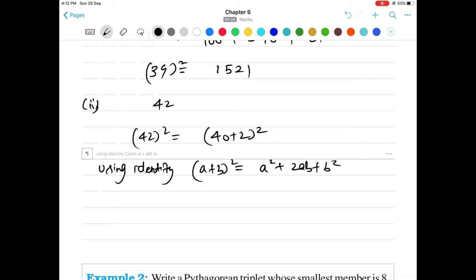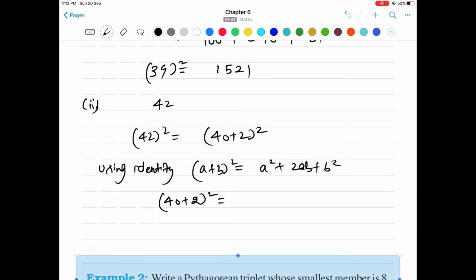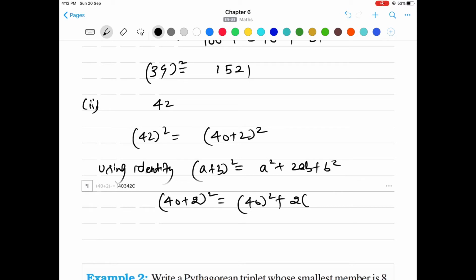So (40 + 2) whole square equals a square, a here is 40, that means 40 whole square, plus twice of a into b, a is 40, b is 2, then plus b square, b is 2.